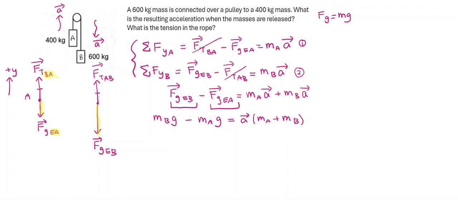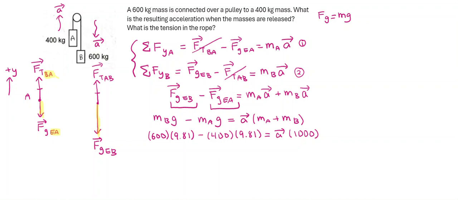Now we can just plug in our values. So this will be 600 times 9.81 minus 400 times 9.81 equals acceleration times 1,000 kilograms.